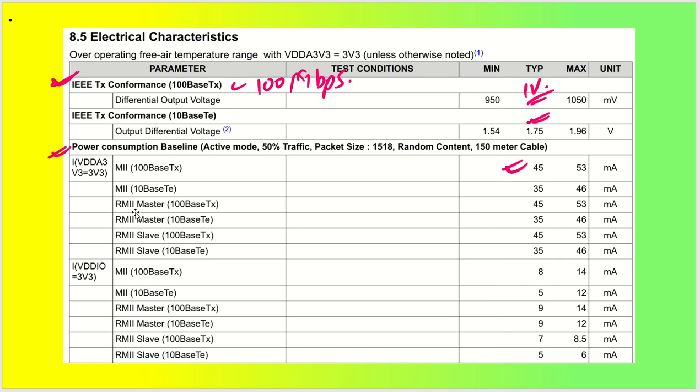If you go with reduced MII masters, it will again be 45 milliamperes, and like that you can understand other Ethernet port configurations. If you talk about current in VDDIO, the current consumption is very low, close to 10 milliamperes or even less.